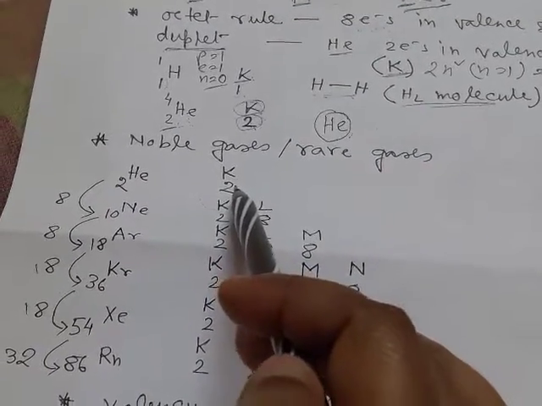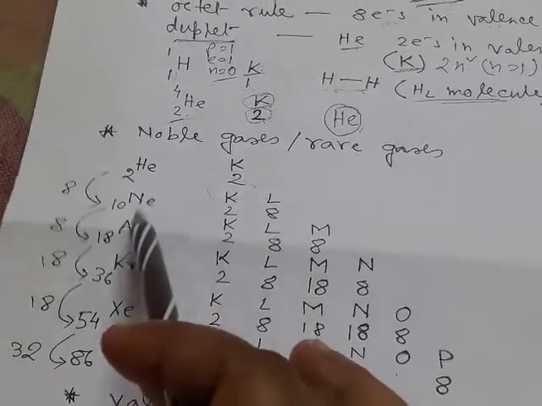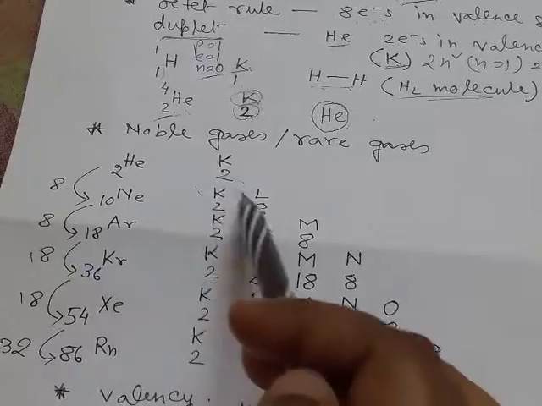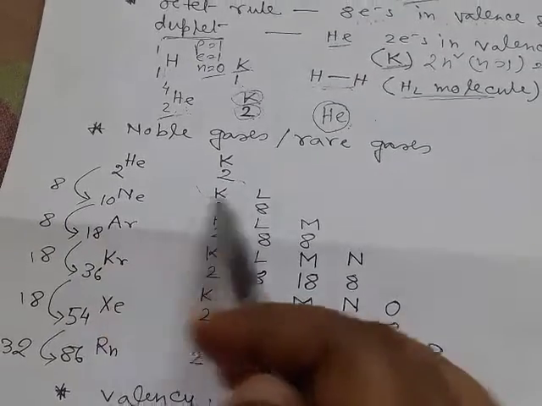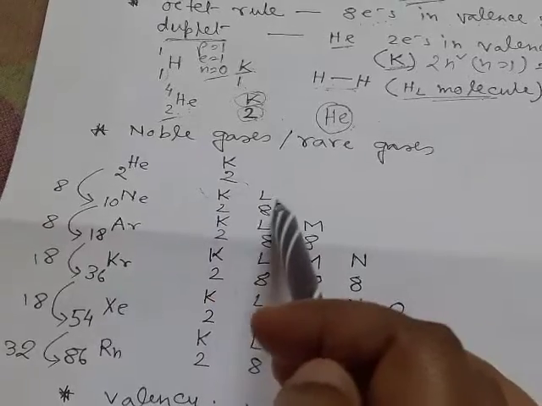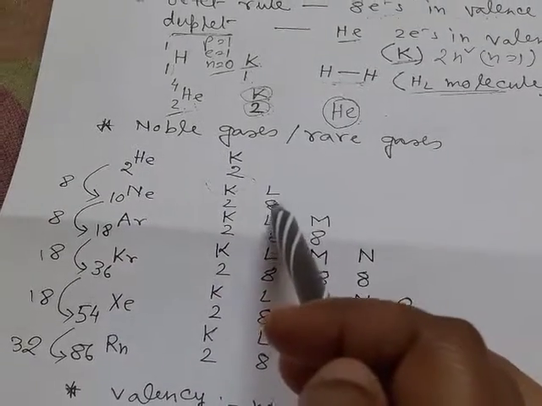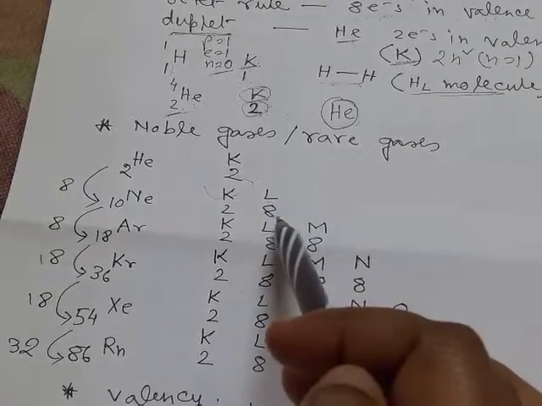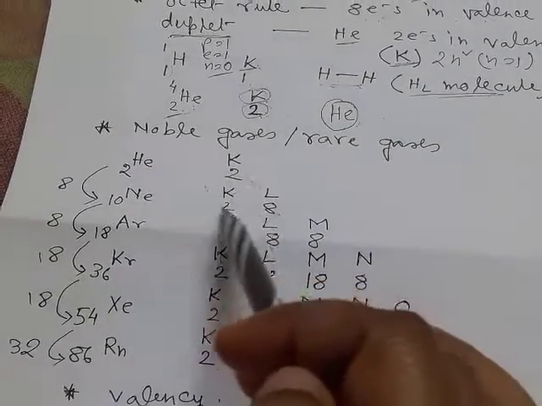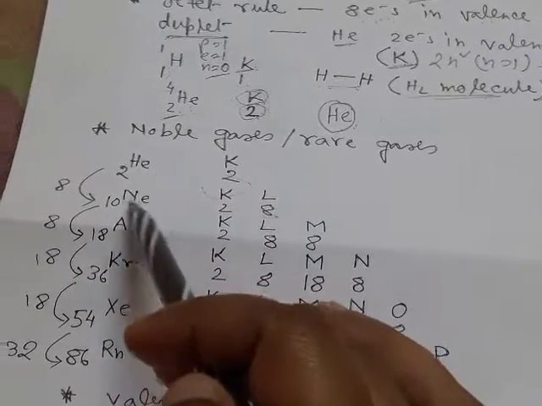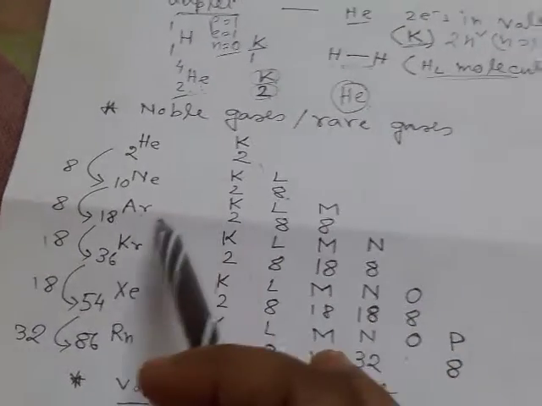This is the stable configuration. Next rare gas is neon. Atomic number is 10 and 10 electrons will be present; 2 electrons will go to the K shell and 8 electrons will go to the L shell. And you can see as at the valence shell there are 8 electrons, so this is the stable electronic configuration, so they are almost unreactive.